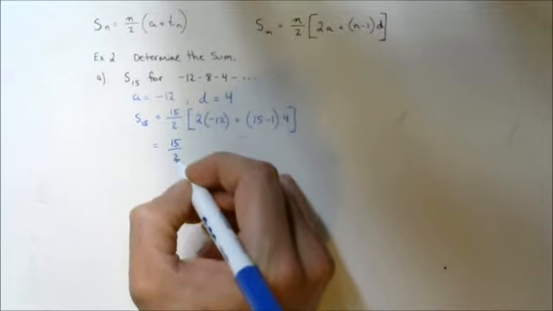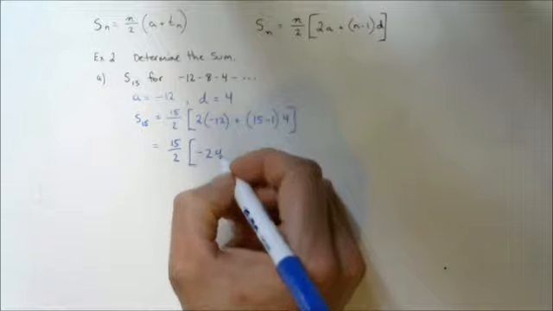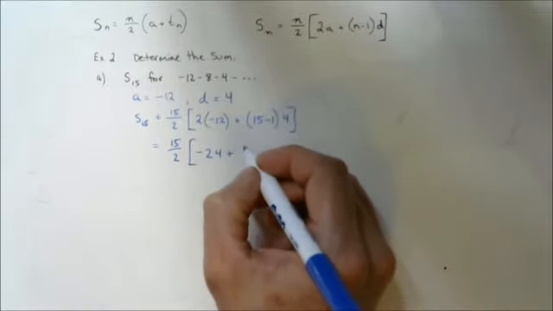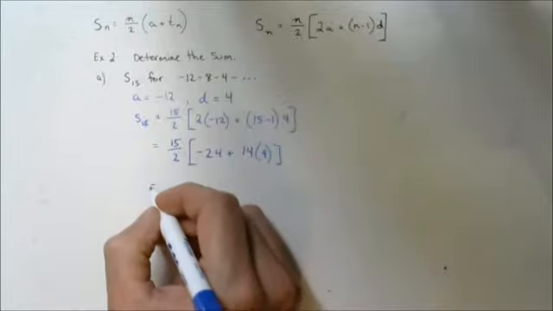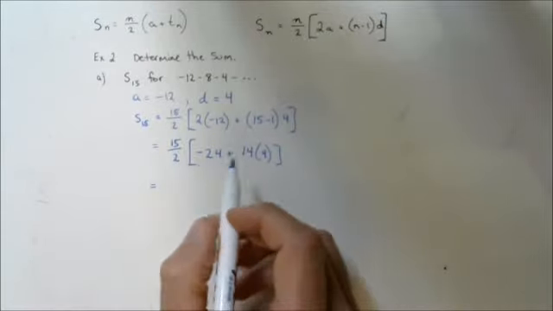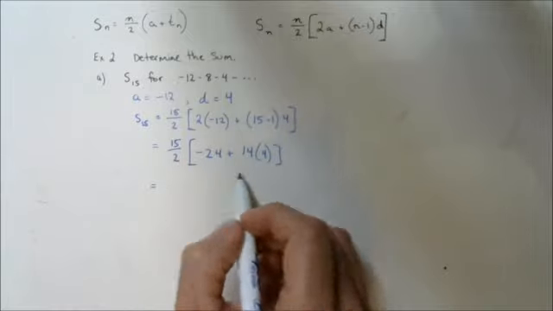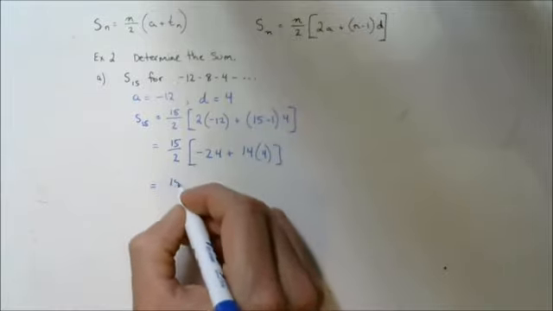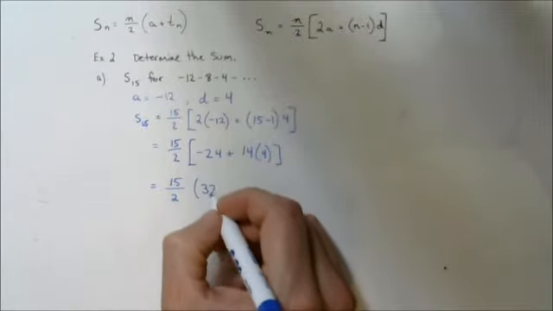15 over 2. Inside the brackets, we've got negative 24 plus 14 times 4. In your calculator, this whole inside of the brackets reduces to 32.